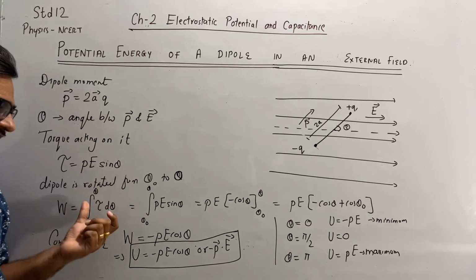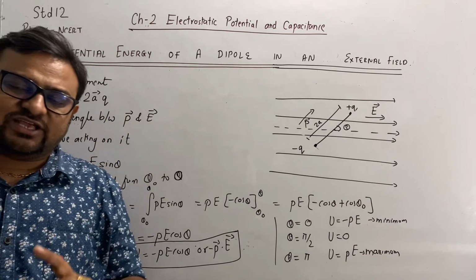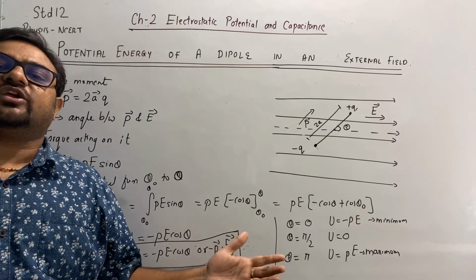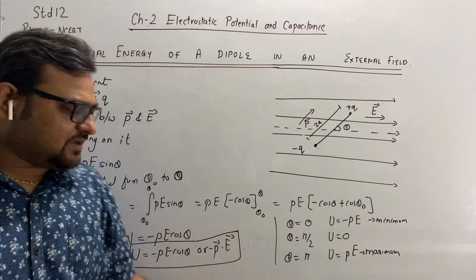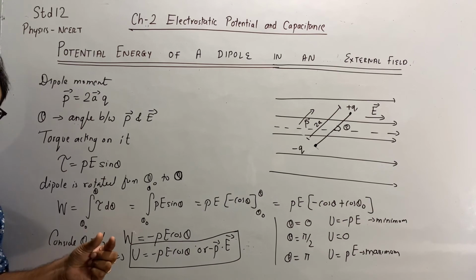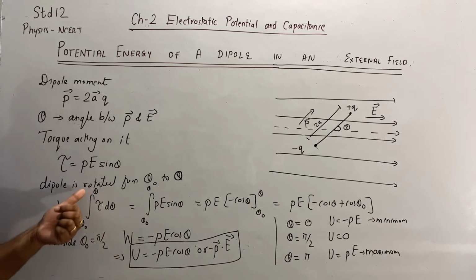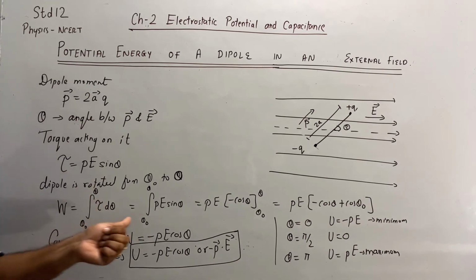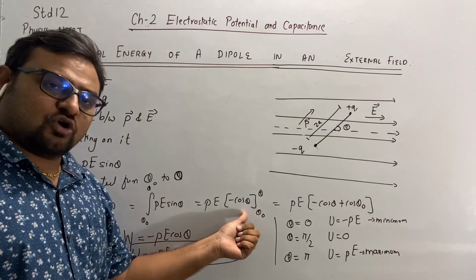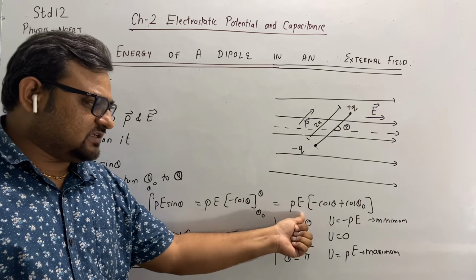Now, when we rotate a dipole from angle theta 0 to theta, work is done and that work is stored in the form of potential energy. So we find the work done, that is tau d theta, because we are taking a very small displacement and integrating it from theta 0 to theta, putting the value of tau, PE sine theta. The integration of sine theta is minus cos theta.